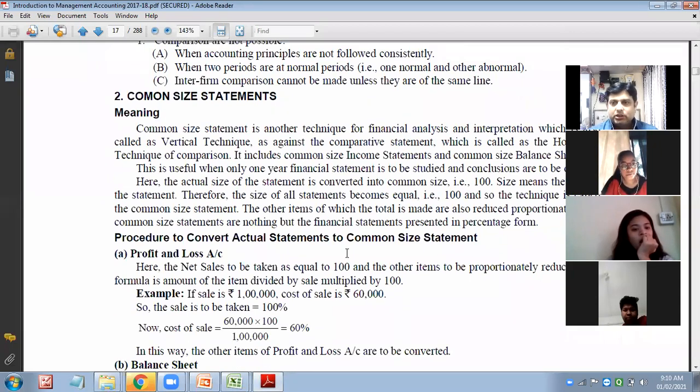If you want, for your assignment book, kindly take down, or if you are taking it from the website, no problem. You have to write now the theoretical aspect of common size, and then we need to proceed further.